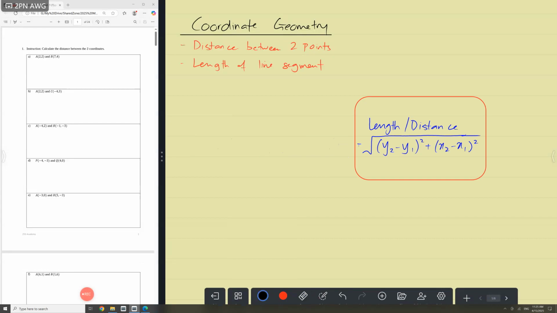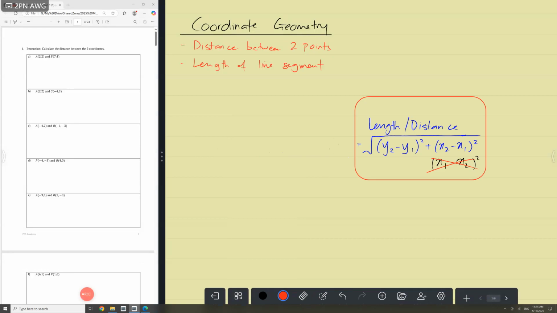Okay, so in this case, if I were to use y2 minus y1, I cannot use x1 minus x2 with a square. This is not allowed. If you want to use the 2 minus 1, then it must be consistent, 2 minus 1.